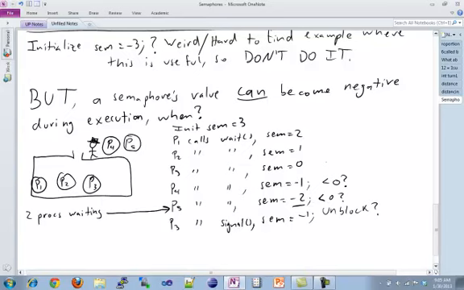Because signal doesn't care about the value. It's always going to try to unblock a process if there is a process to unblock. There is. So P3 is going to leave the room, and P4 is going to be allowed to go in. And at this point in time, we only have one process waiting, which is P5.